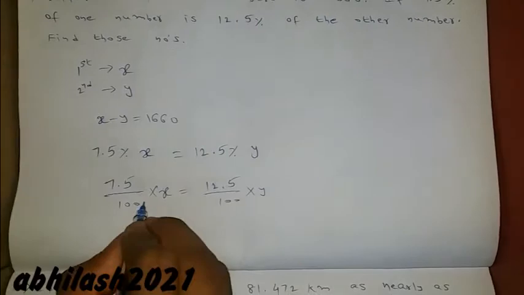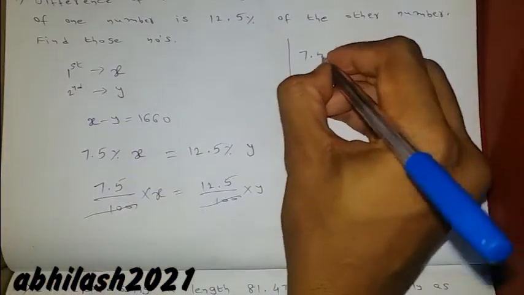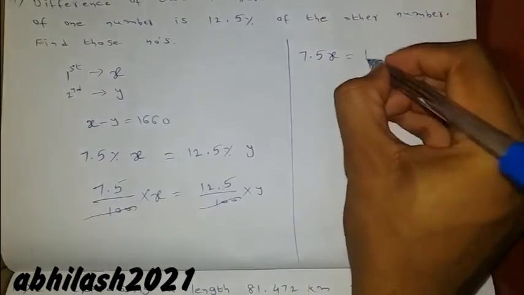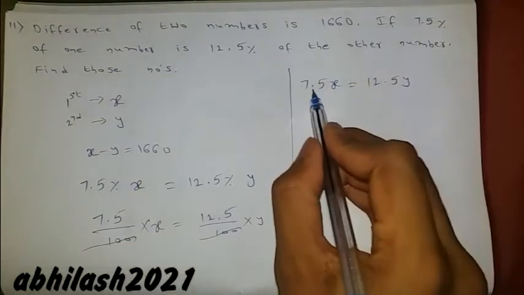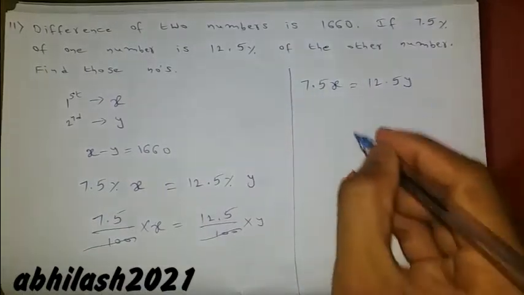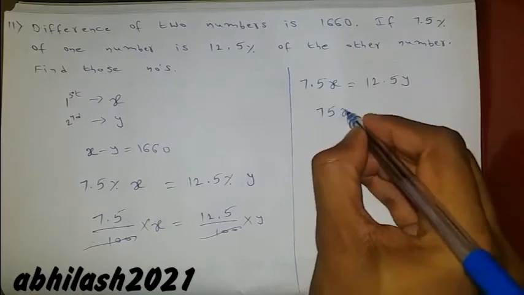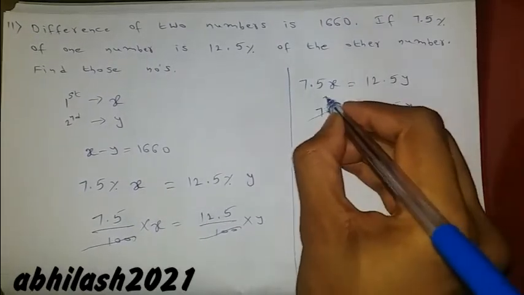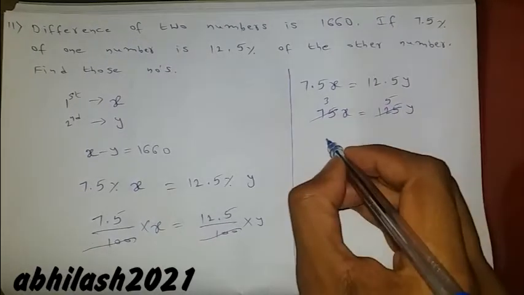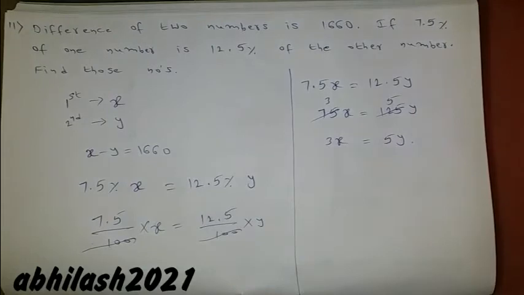Both sides 100 will get cancelled, so we remain with 7.5x is equal to 12.5y. Here after decimal one digit, here also one digit, so we can write it as 75x is equal to 125y. So we will get 3x is equal to 5y.